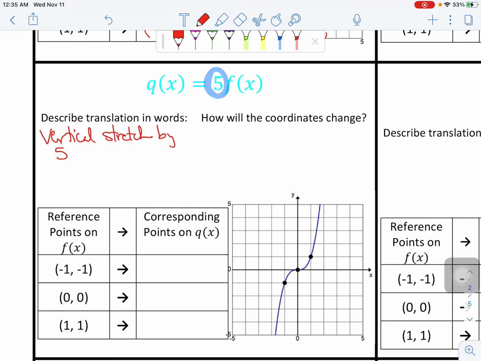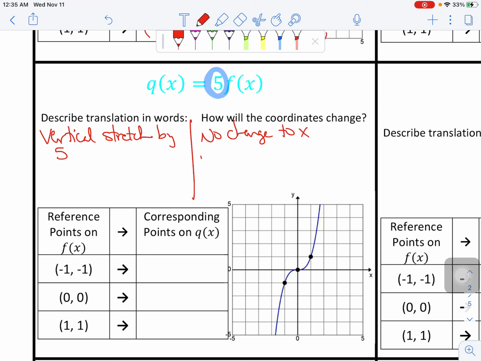Okay, so what that means is when we go to deal with this, it's a change vertically. So vertical changes don't have any effect on our x. All right, so no change to x.